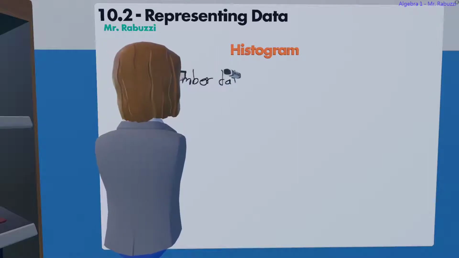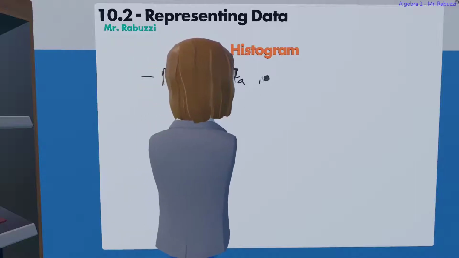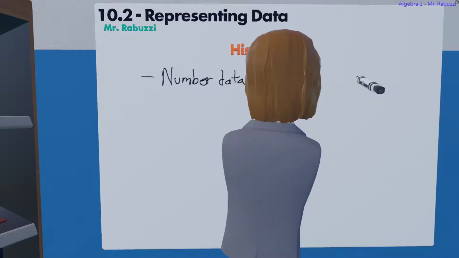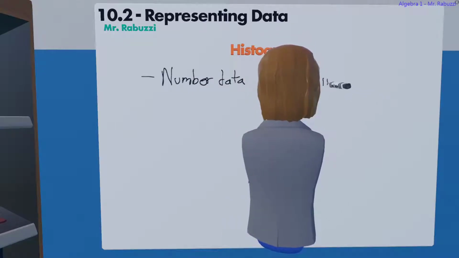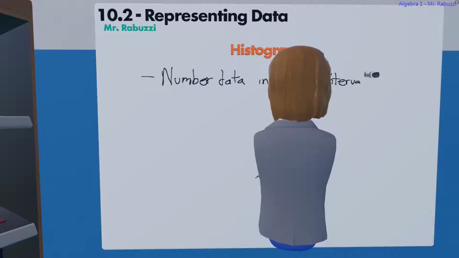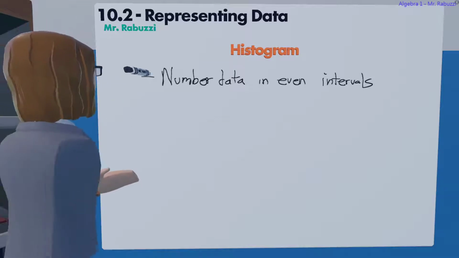Remember, the last one was category data. This is number data in even groups or intervals. We'll say intervals, but that means a group. So it's number data in equal groups.